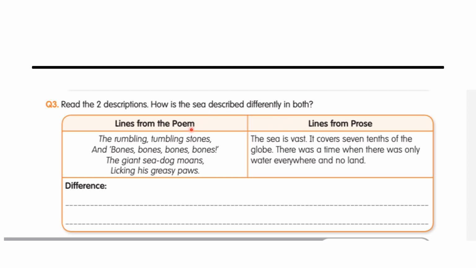So we have already done the first description is imaginary, and it has metaphor. The second description is of a prose and is realistic in nature. That's it. I will share the hint of the answers in your WhatsApp group.